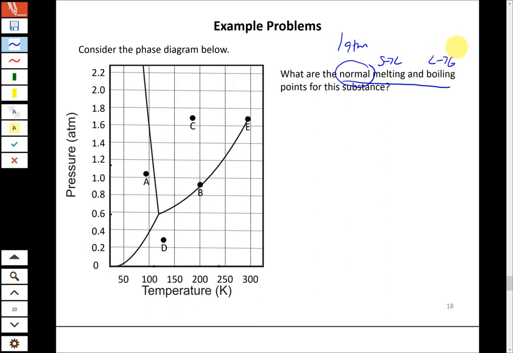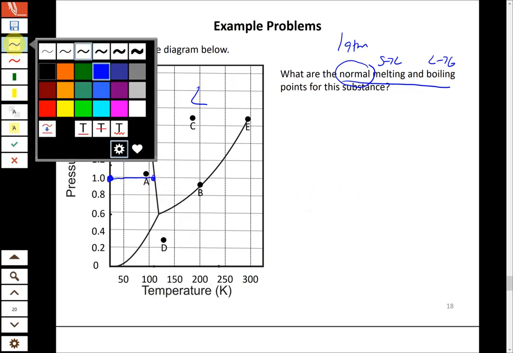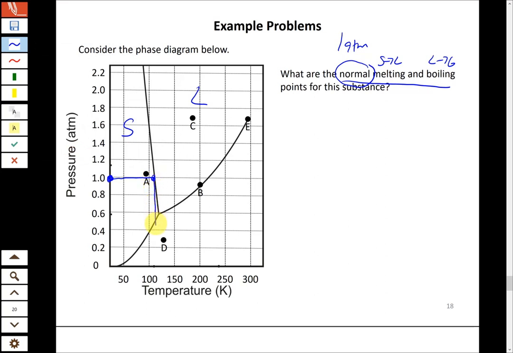So the way we're going to do this is we're going to find the pressure we're looking for, which for the normal melting point and boiling points is 1 atmosphere, and we're just going to go over until we get to there. That's where the solid and liquid intersect, so that's going to be our melting temperature. So if we go down to the x-axis at that point, that's going to give us the melting point.